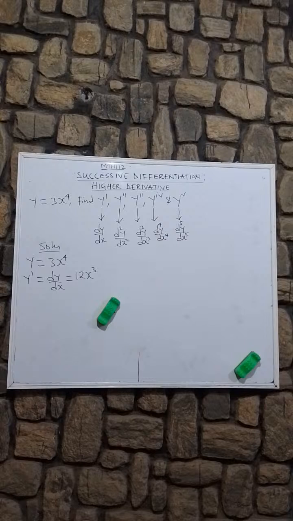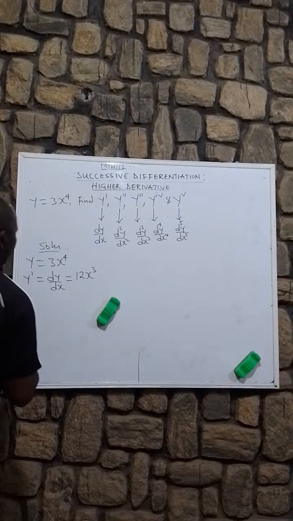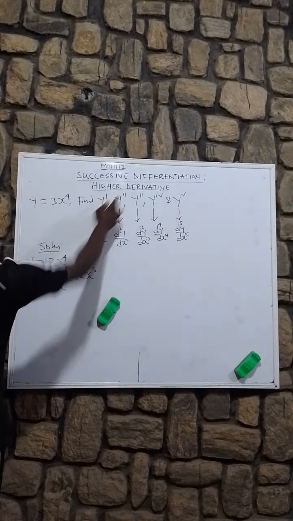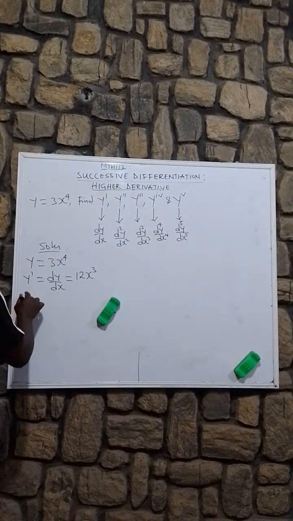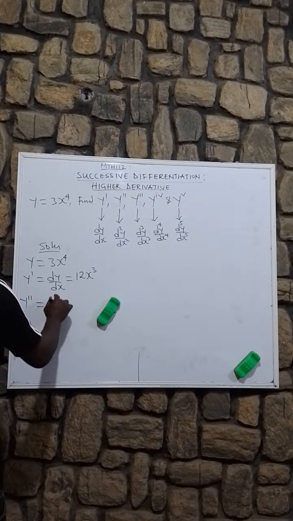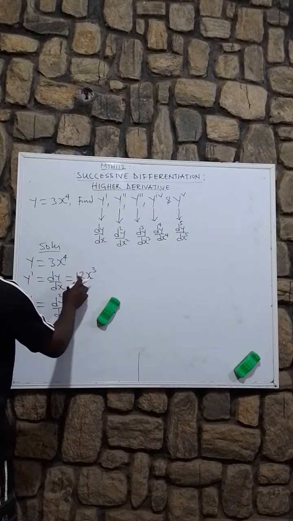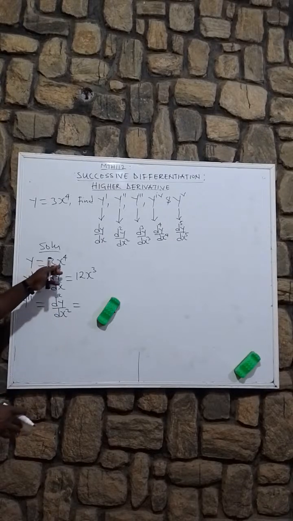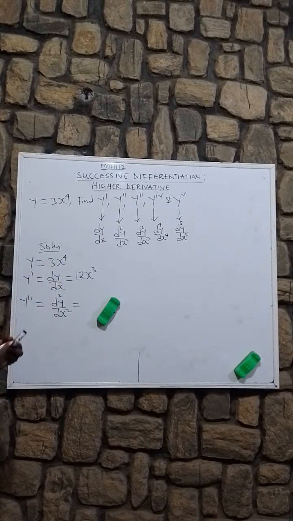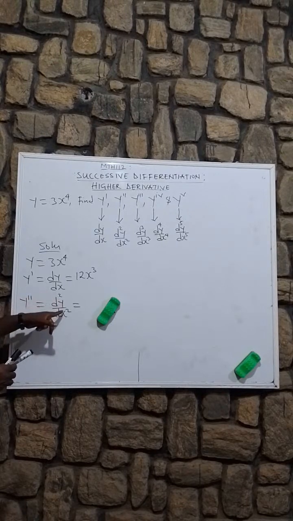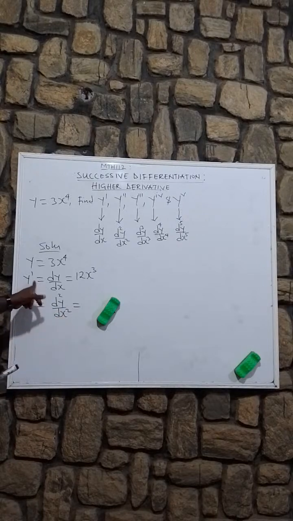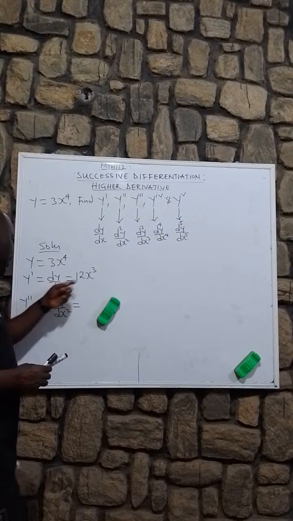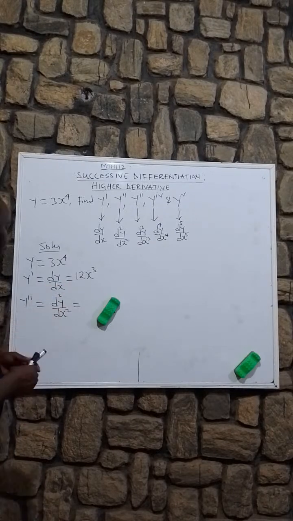Then let's consider y double prime, which is also the same thing as d squared y over dx squared. You differentiate y prime to obtain y double prime. You are not coming back to differentiate y. Please take note: if you want to obtain y double prime, you have to differentiate y prime. Do you understand?